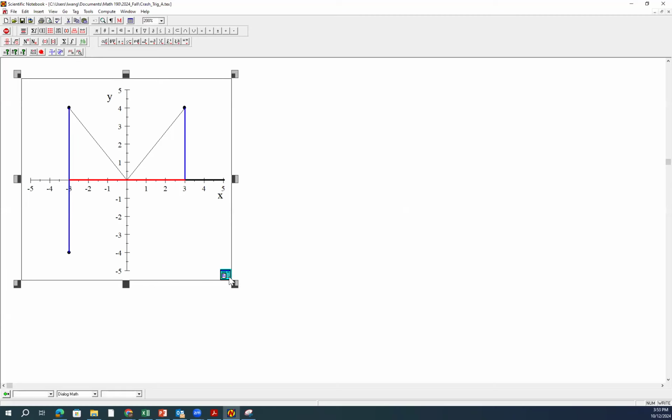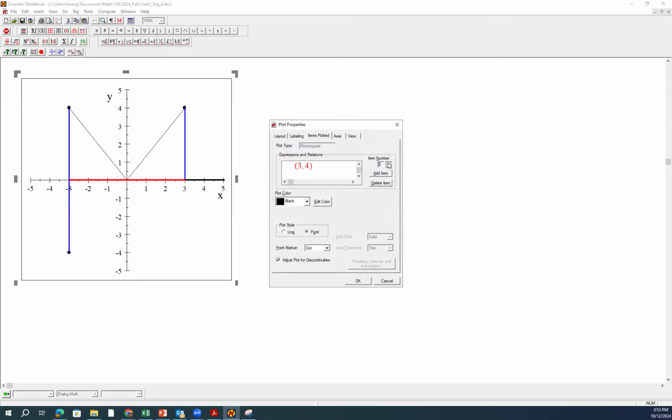That's the blue. Okay. And let's get to the red. That's the red. We got the red already. They overlap. Okay.